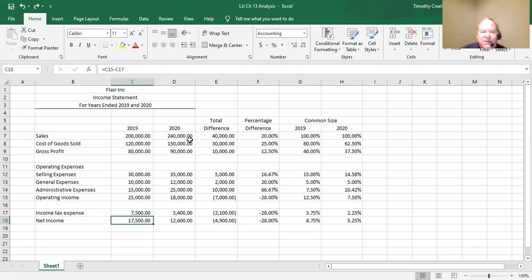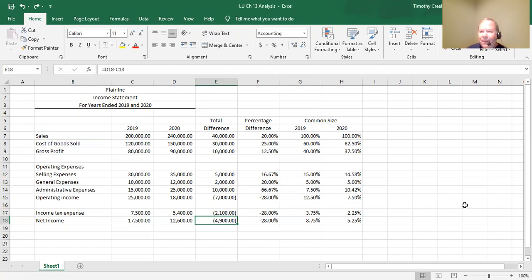The first thing I do is I take 2020 minus 2019, and we look at the total difference. So you see that sales increased by 40,000, cost of goods sold by 30, gross profit by 10. You see there was an increase in pretty much all of the expenses. Operating income was down, income tax expense was down, and so was net income.